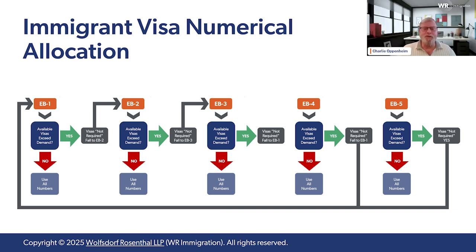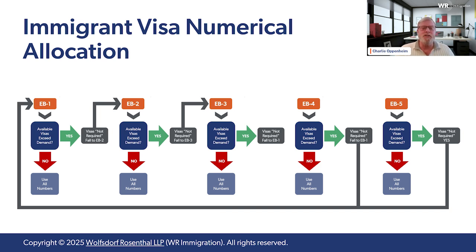Yeah, if you look at it, it's kind of confusing. I mentioned several times there is a certain amount of numbers available for each of the preference categories. We'll start from the far left. The employment first preference category, if there are not enough applicants to use all of the numbers available for employment first preference use, any of those unused numbers will then fall down to the employment second and be added to the original employment second preference limit.